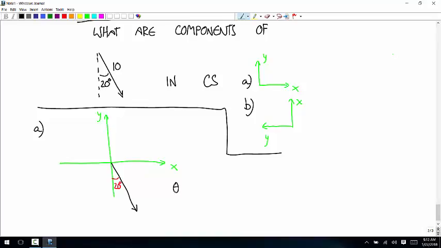Yeah, so if you go counterclockwise, you can go 90, 180, 270, plus 20 is 290. Or you could go clockwise and call it a negative angle, so that would be negative 90 plus 20, so negative 70. So theta is equal to 290, or you could also say theta is equal to negative 70. It doesn't change anything.